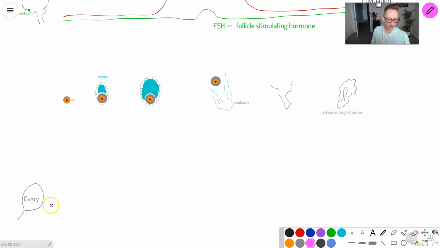As this cycle continues, estrogen is rising, and then right before ovulation, estrogen dips. And then it goes back up, but not to the same height. And then it dips again. Okay, so this is estrogen.